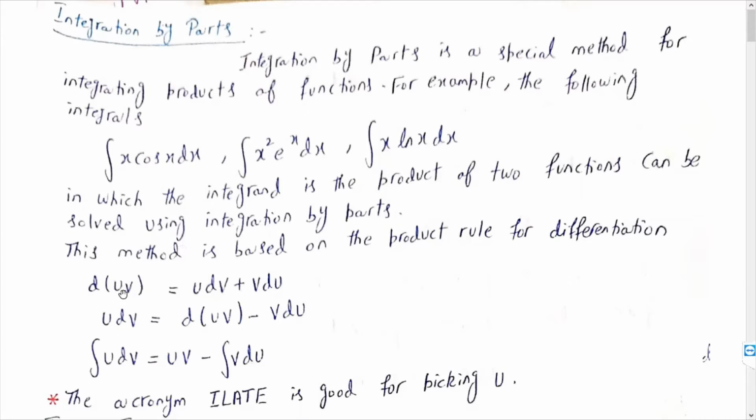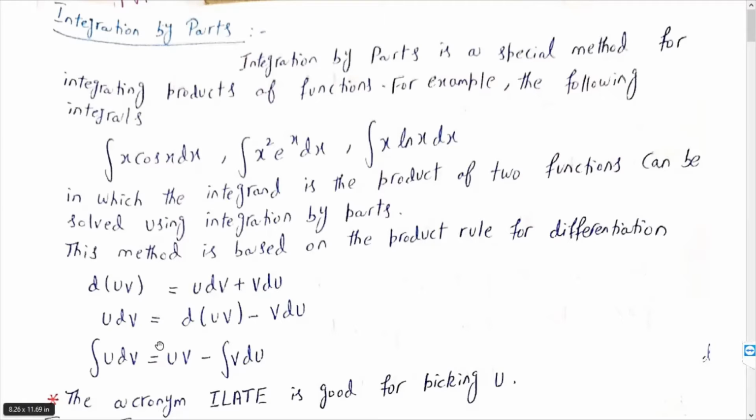Suppose that u and v both are differentiable functions of x, then the product rule in terms of differentials gives us d of uv equals u dv plus v du. Rearranging this rule, we can write u dv equals d of uv minus v du.